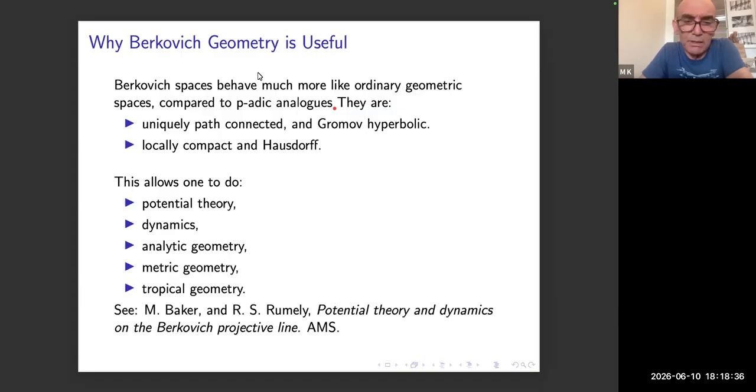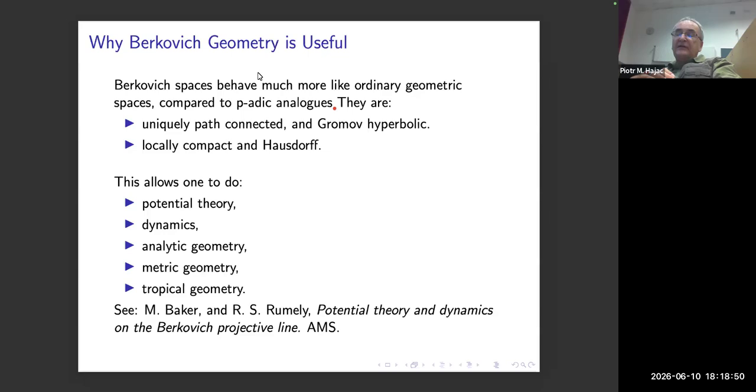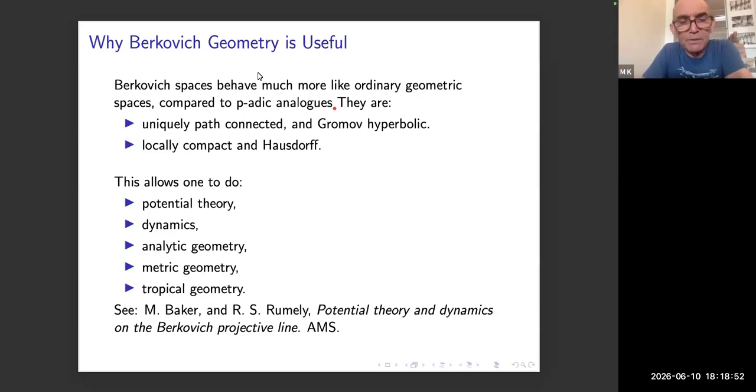I focus only on one aspect, this Patterson-Sullivan theory. How much time do I have, Piotr, by the way? You have at the moment 27 minutes. Perfect. So in the remaining 27 minutes, I will try to get to Patterson-Sullivan theory in this context.